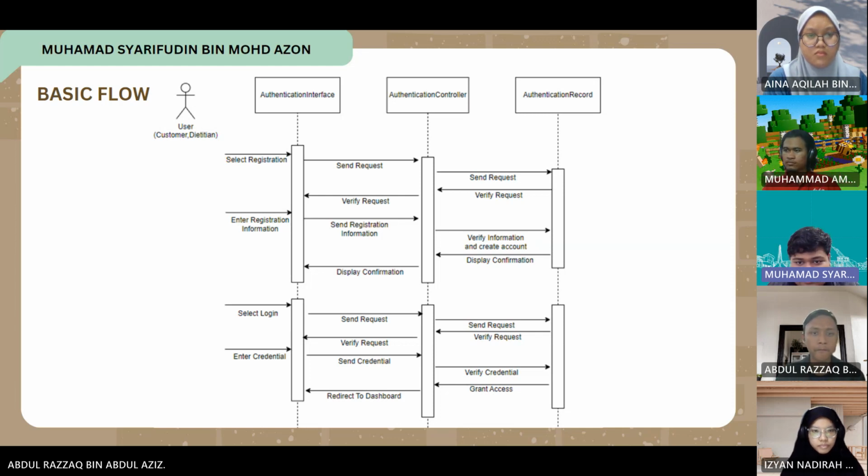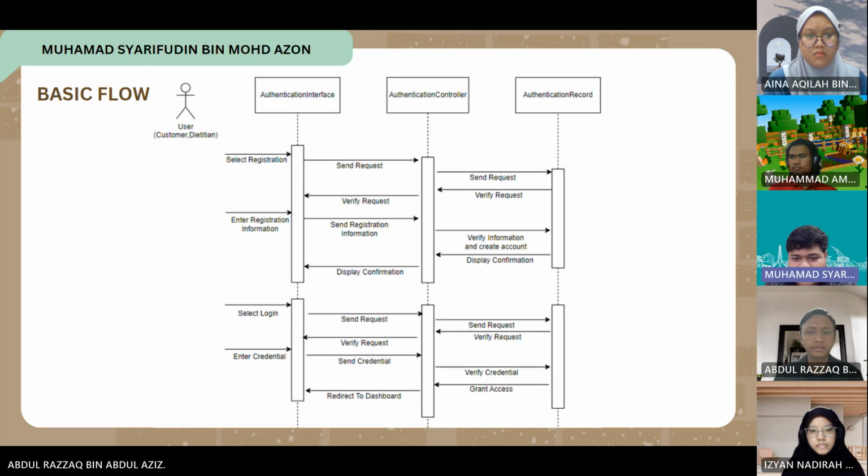Next, the user will enter registration information. The information then will be sent to the authentication record by the authentication controller. Lastly, it will display confirmation to the customer on the interface.